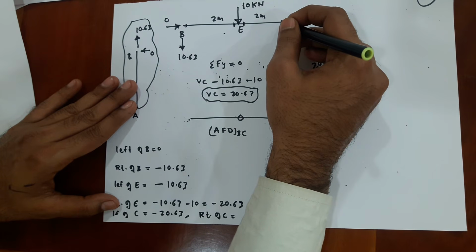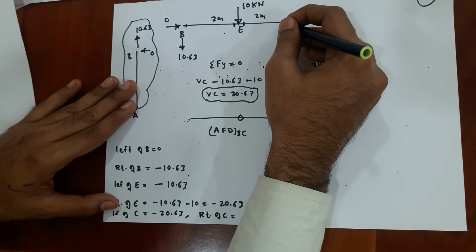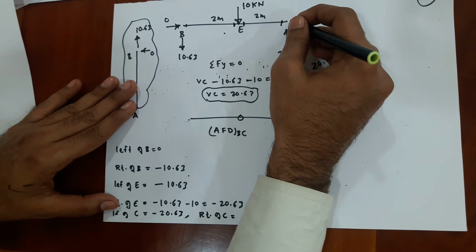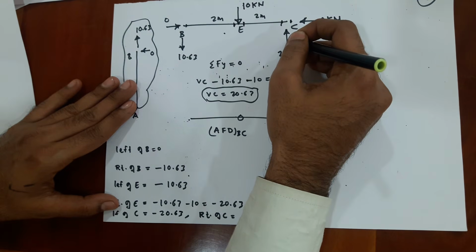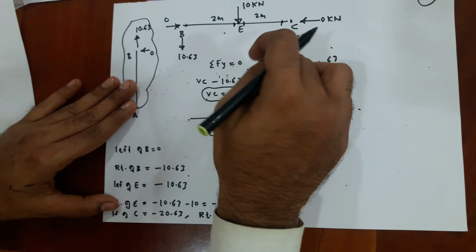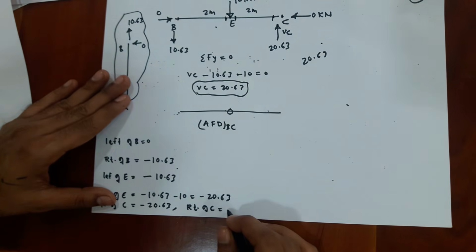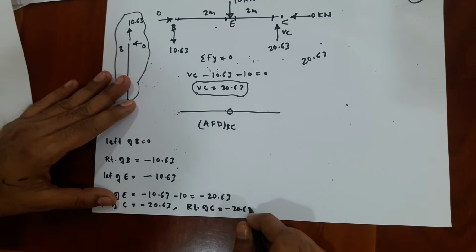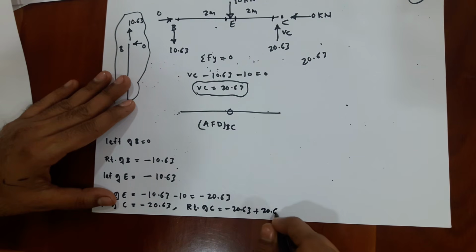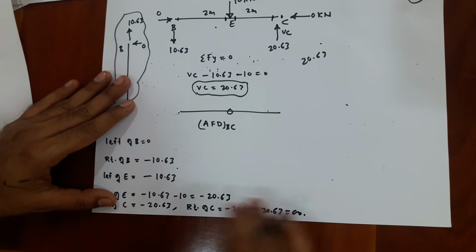Minus 20.63. As you go from this point to this point, 20.63 is going upward. So minus 20.63 plus 20.63, the shear force at this is 0.